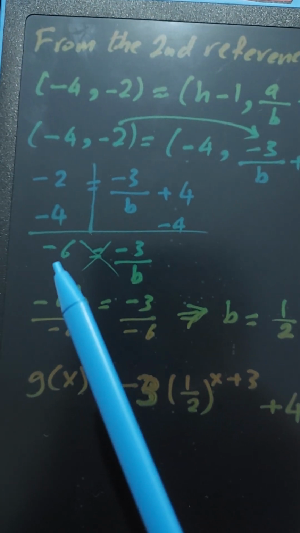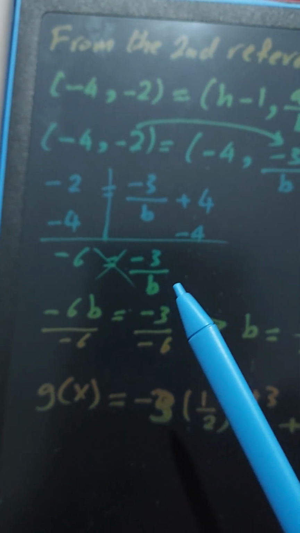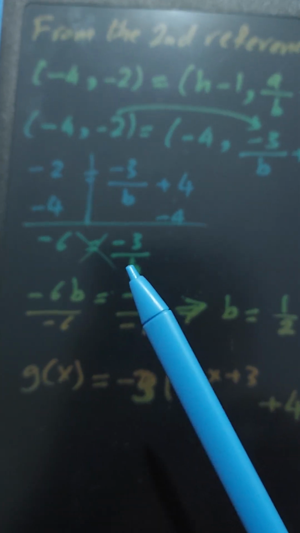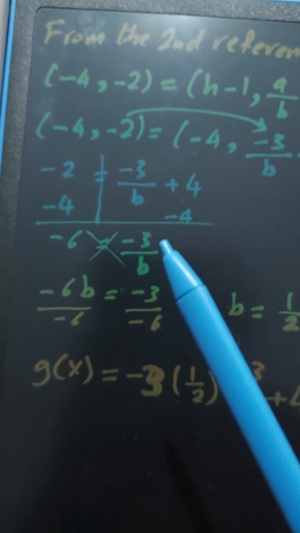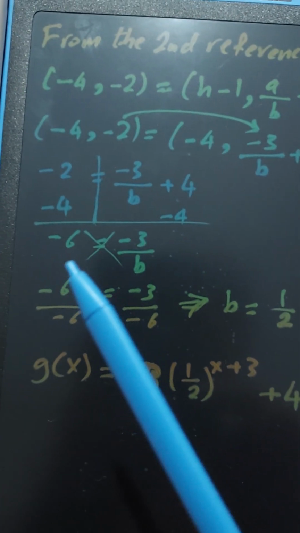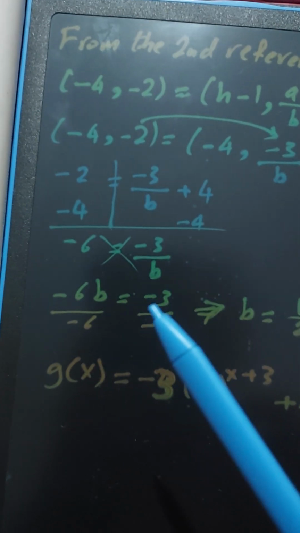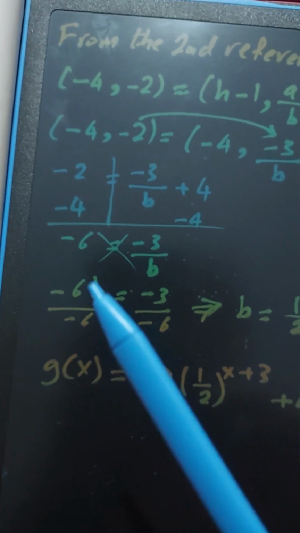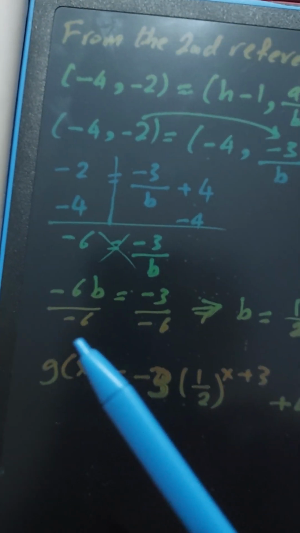That will give us -6 equals -3 divided by b. Now we'll do cross multiplication, so b multiplied by -6 gives -6b, equals -3 multiplied by 1, which is -3. Now to get rid of -6, we divide both sides by -6.